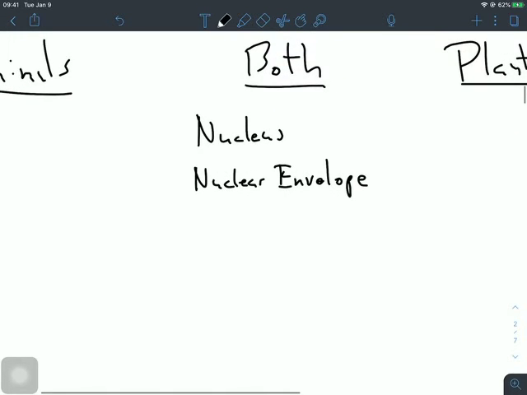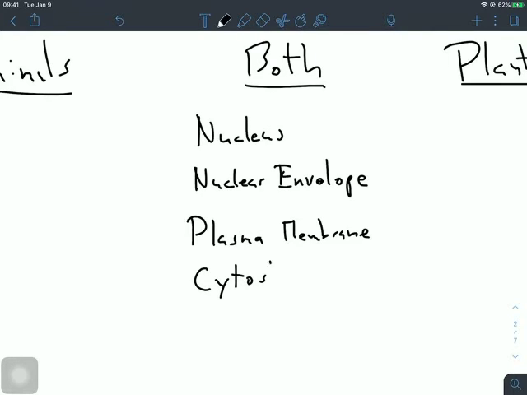Both plants and animals have an outer bag, something to keep their insides separate from the outside world. That bag is called a plasma membrane. It is this plasma membrane that will determine what goes into the cell and what stays outside. Both plants and animals have the ability to move things inside of their cells via a cytoskeleton.